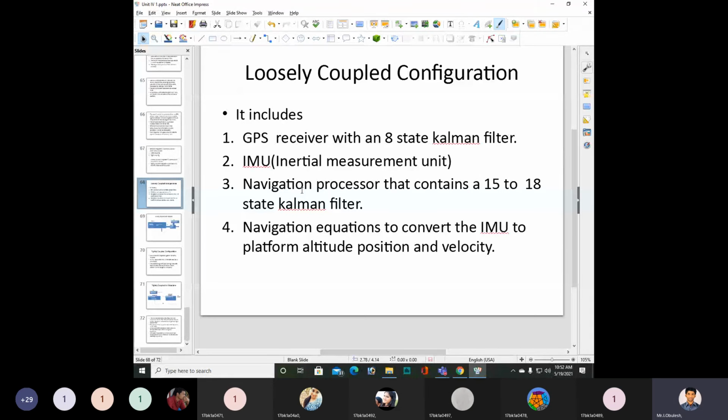Then the fourth one is navigation equations to convert the inertial measurement unit output to platform attitude, position and velocity.